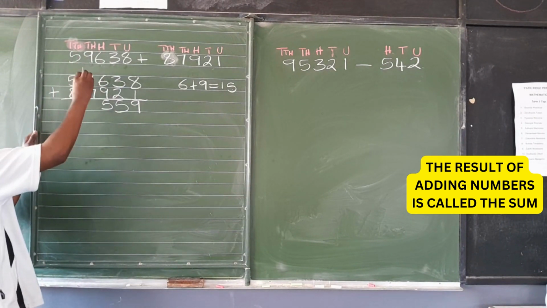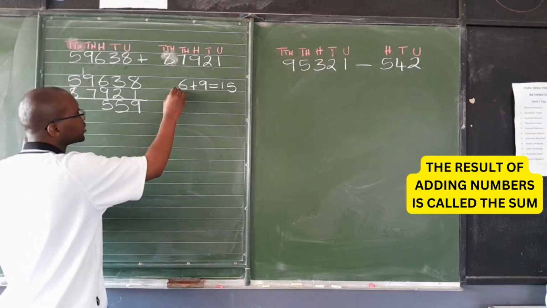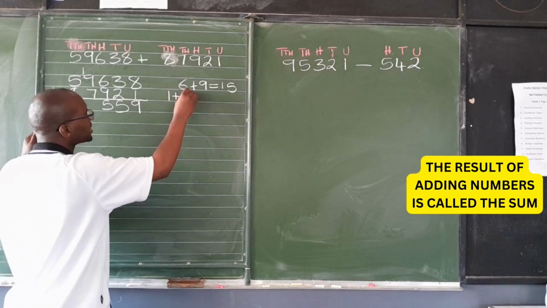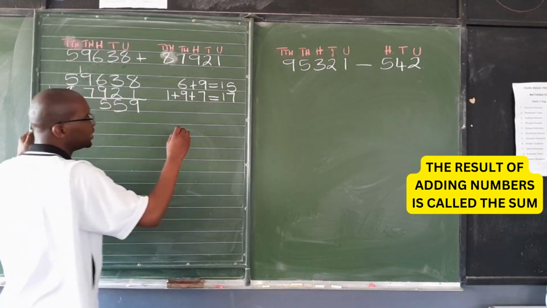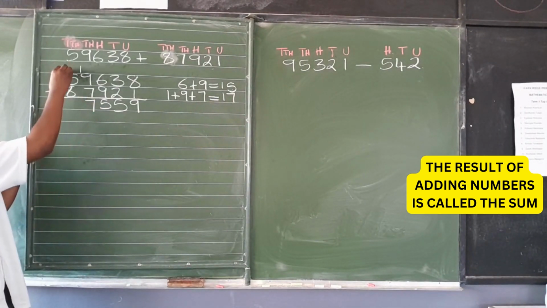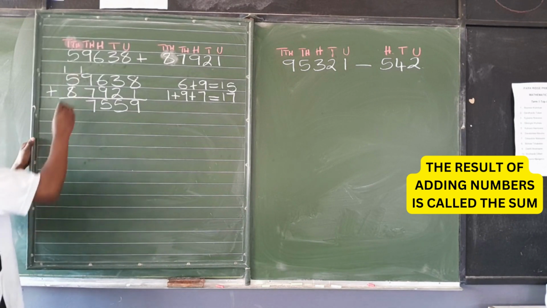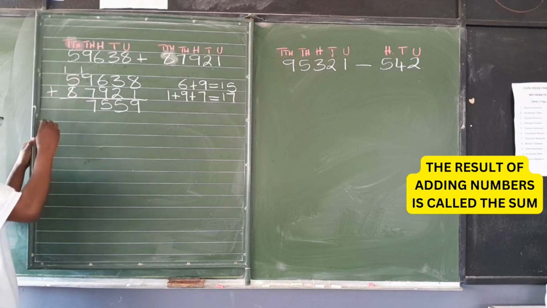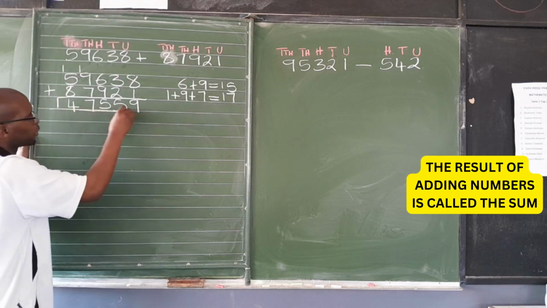Here we have 1 plus 9, which is 10. 10 plus 7 gives us 17. Now we write down the 7 and carry over the 1. So now we have 1 plus 5, which gives us 6, and then we have 6 plus 8, which gives us 14. And we write every number underneath the correct place value.